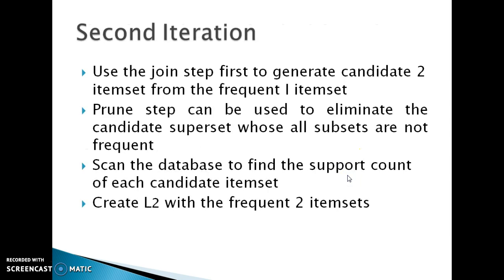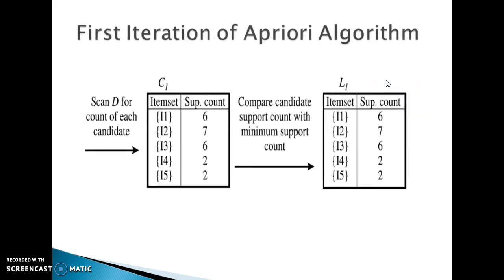So in the second iteration, we join the frequent one item sets to form 2 item candidate sets, and we eliminate all those supersets whose subsets are not frequent. That is the usage of the Apriori property.